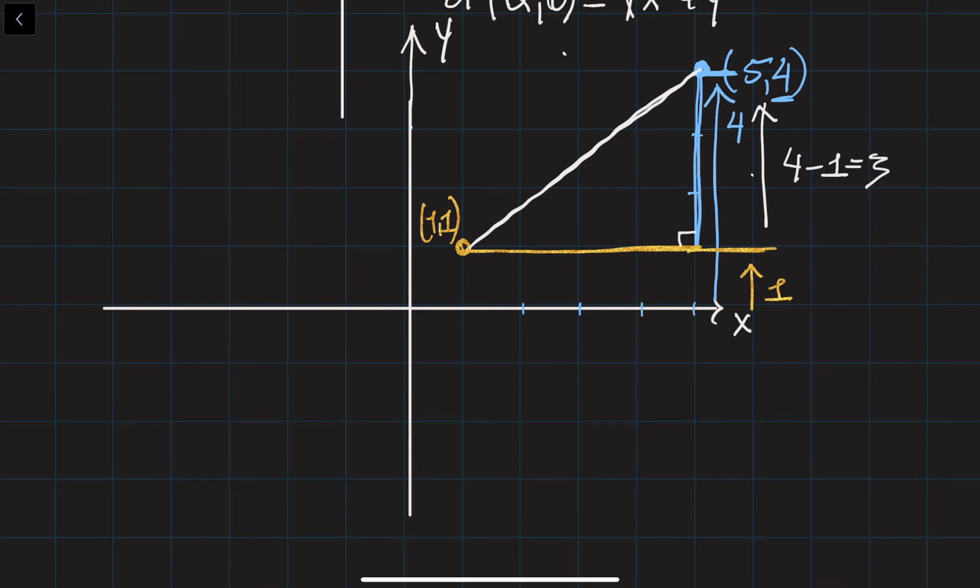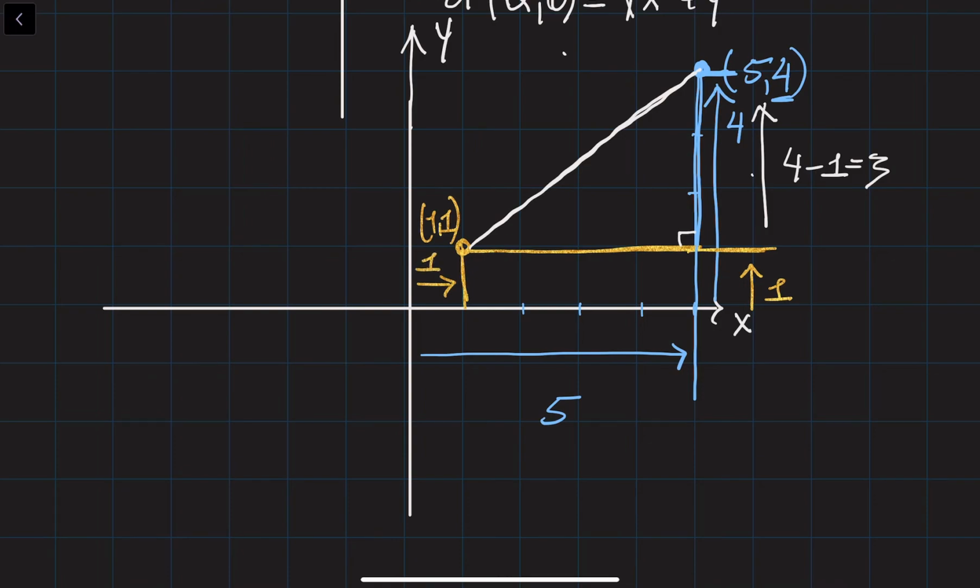In a similar way, we can figure out the width of the triangle. So let's say the distance from the origin, or from the y-axis, until here is going to be equal to 5. The distance from the y-axis until here is going to be equal to 1.